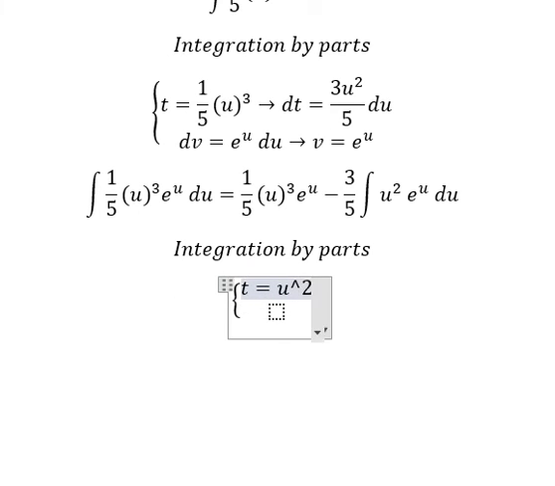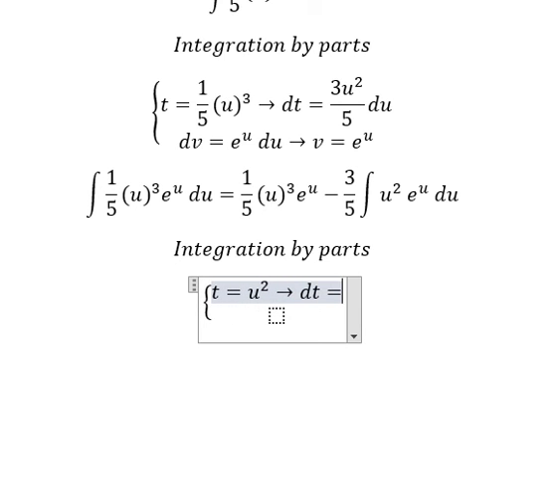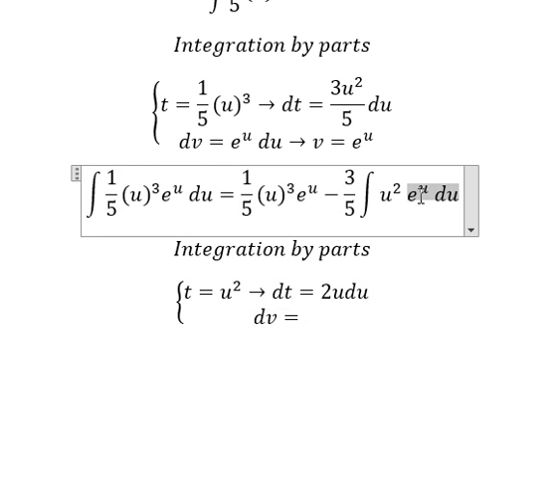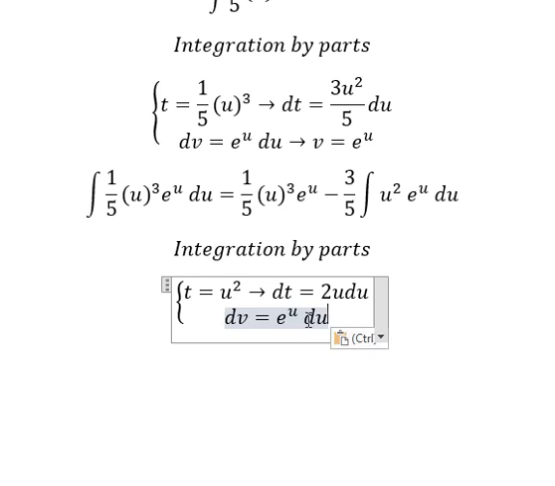equals to u squared. Later we need to do the first derivative for both sides, and we have 2u du. dv is this one. So the integration of this one, we have v equals e to the power of u.